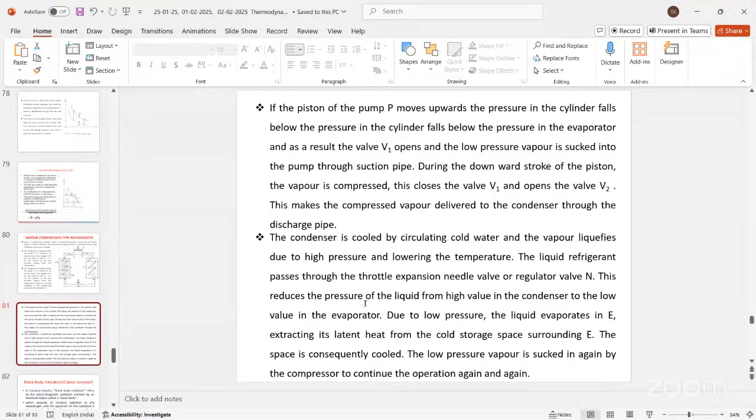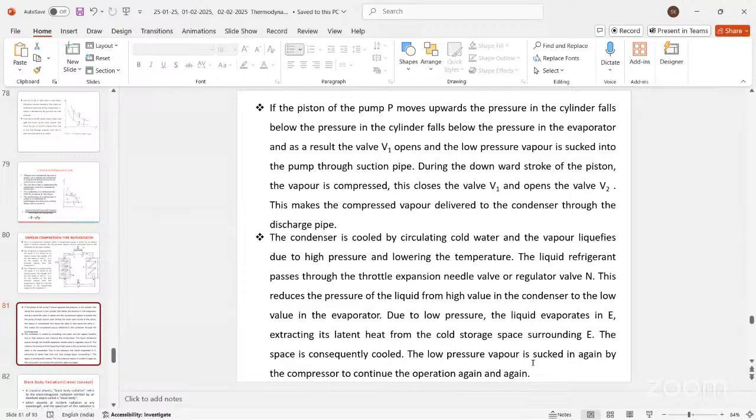This reduces the pressure of the liquid from the high value in the condenser to the low value in the evaporator. Due to low pressure, the liquid evaporates in E, extracting its latent heat from the cold storage space surrounding E. The space is very cooled.